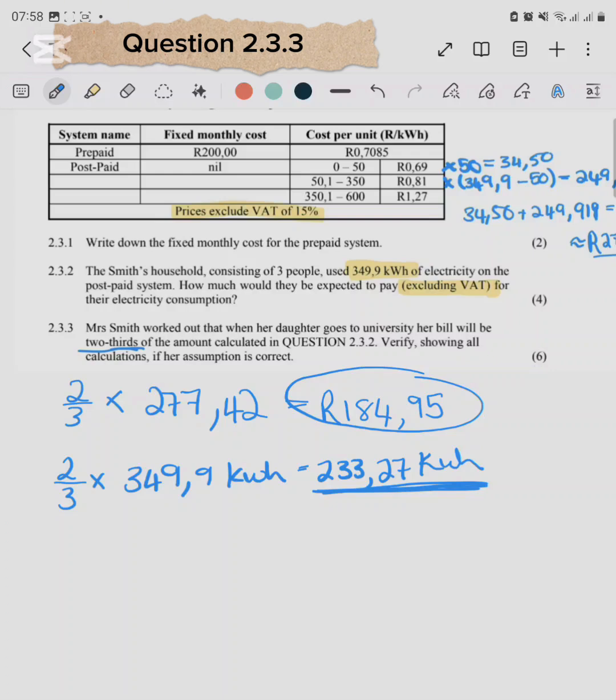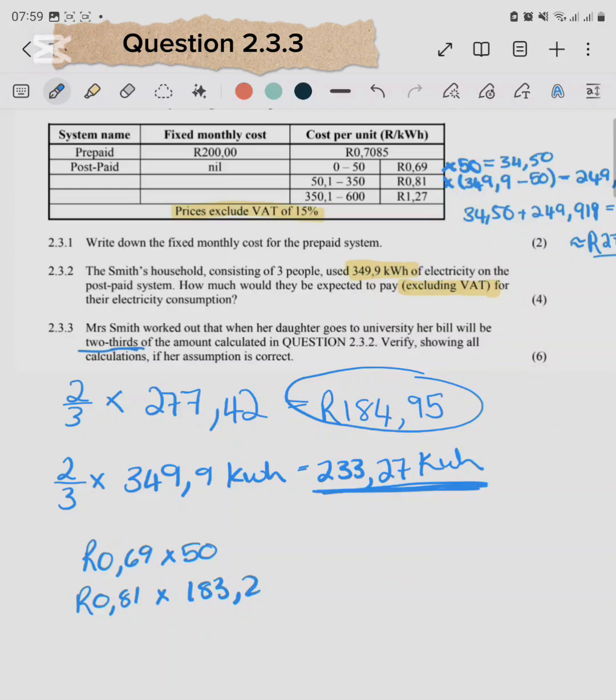So the first part of our bracket was 69 cents, so 0.69 times by 50. And then the second part of our bracket was 81 cents, so 0.81 times by the remaining part of our kilowatts, which would be 183.27.